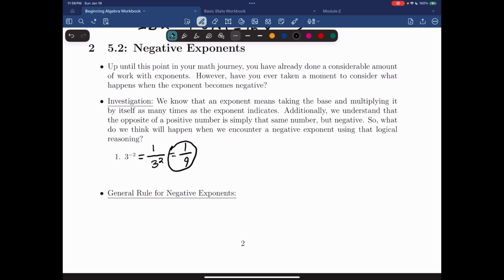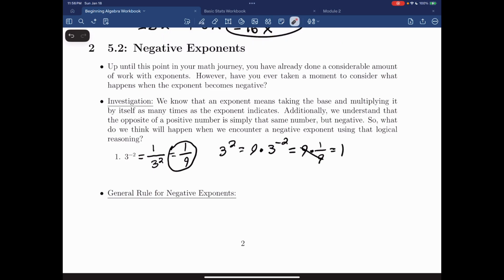And if you think about it, if you're just asked to evaluate 3 squared, we know that's 9, right? So if we take 9 and multiply it by 3 to the negative 2 power, which we saw was 1/9, this becomes 9 times 1/9, which the 9s cancel, and you just get 1.